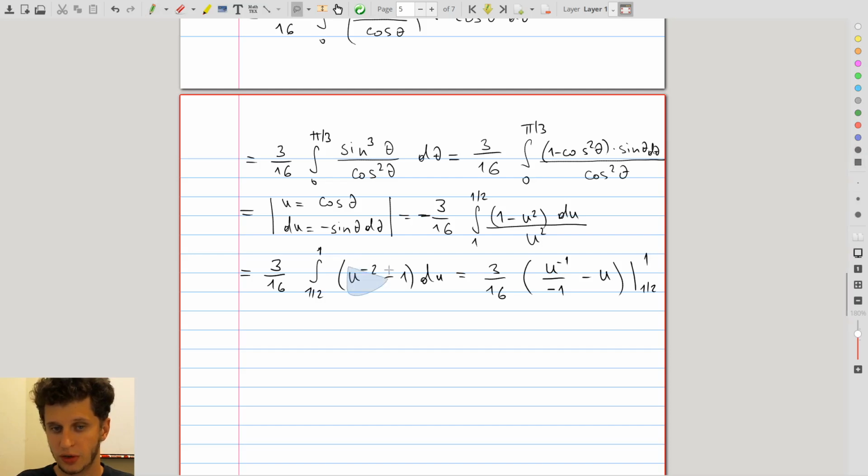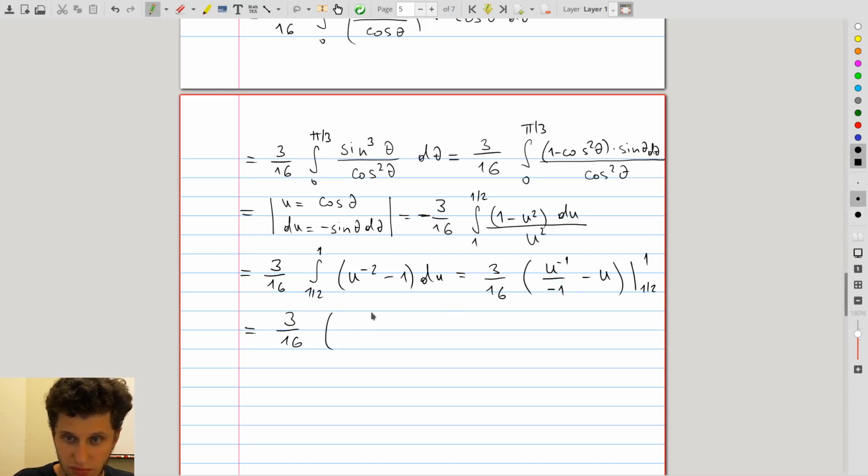So to integrate u to the minus 2, I incremented the exponent and divided by the new exponent, the usual procedure for integrating power functions. And now it remains to just put in the values. And so here I have minus 1/u minus u, and I have to take it from 1/2 to 1.